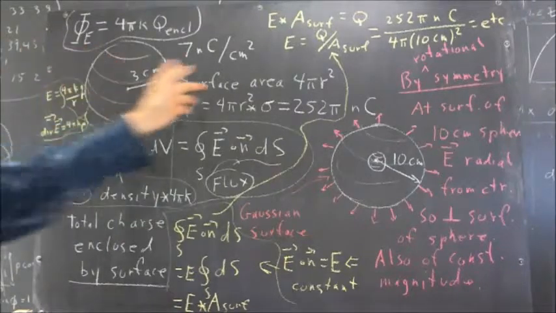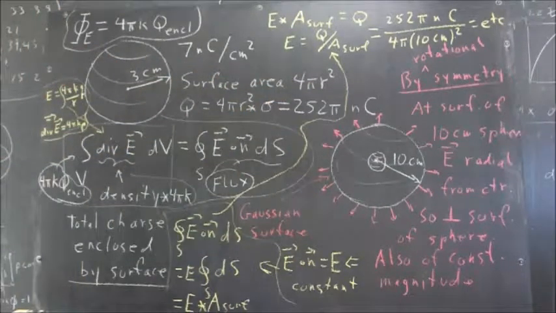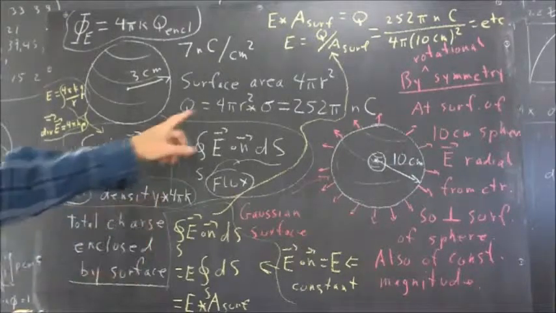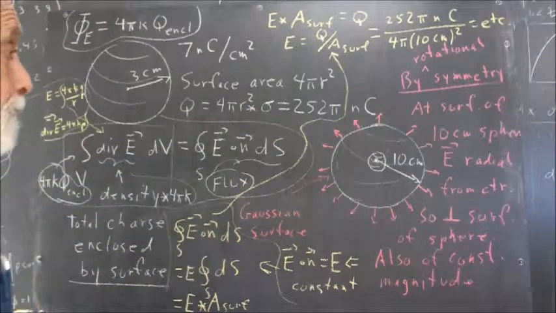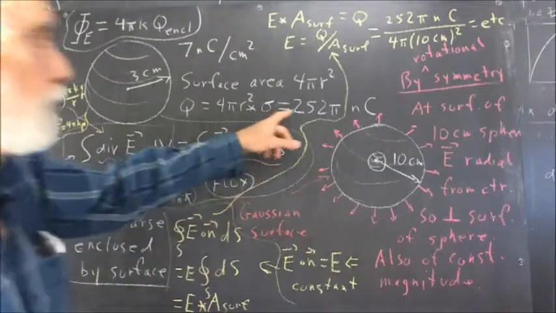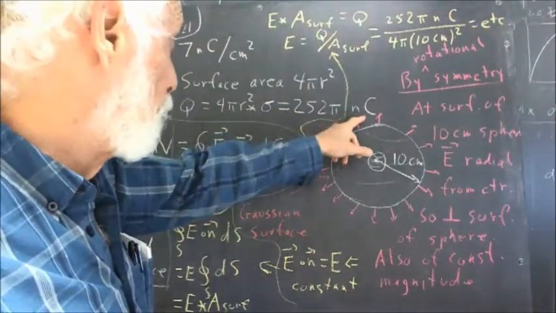So, well, the surface area is 4 pi r squared. So the charge on the surface is 4 pi r squared times sigma, which is 252 pi nanocoulombs in this case.